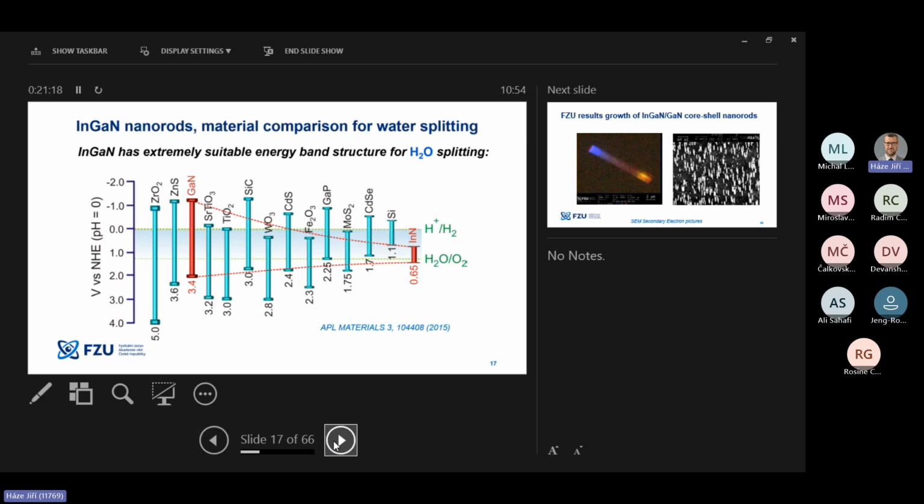The problem is that growing InGaN is very expensive. So we are looking for some less expensive ways to produce them with a Korean partner, who has some ideas how to make these crystals easier to grow on big areas.